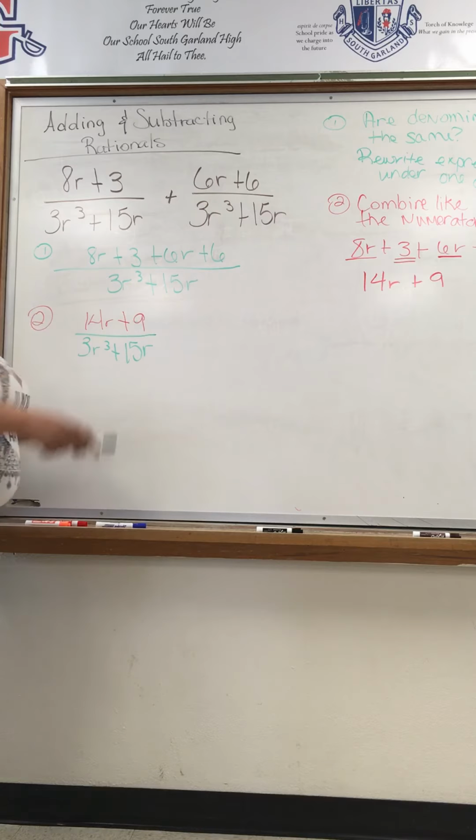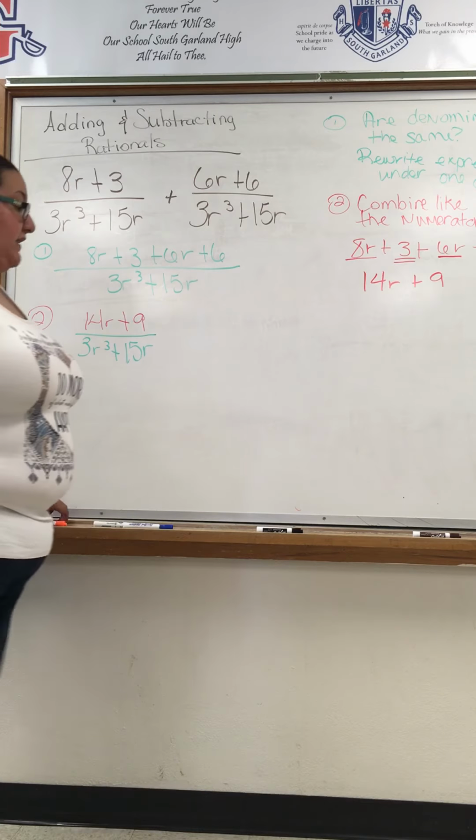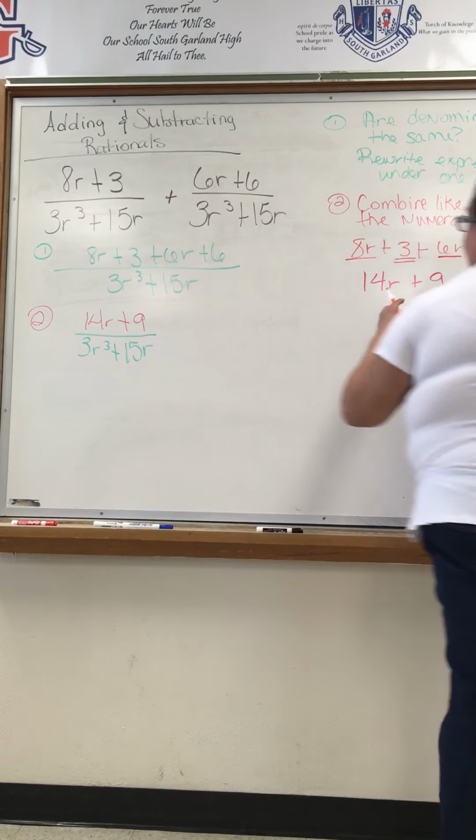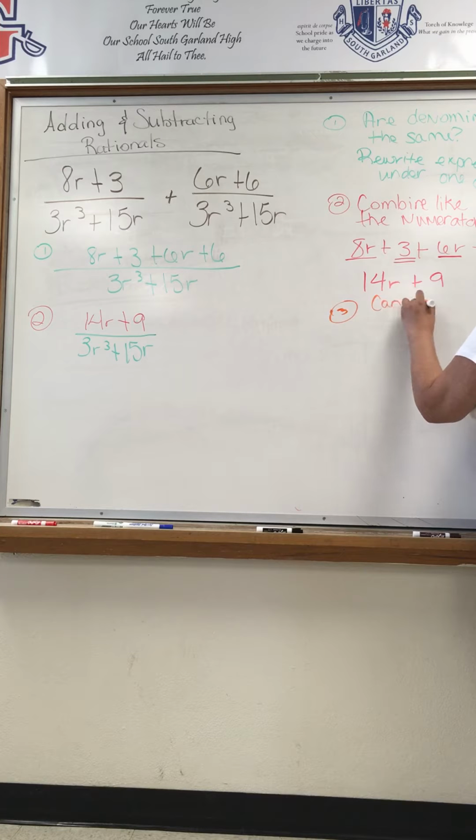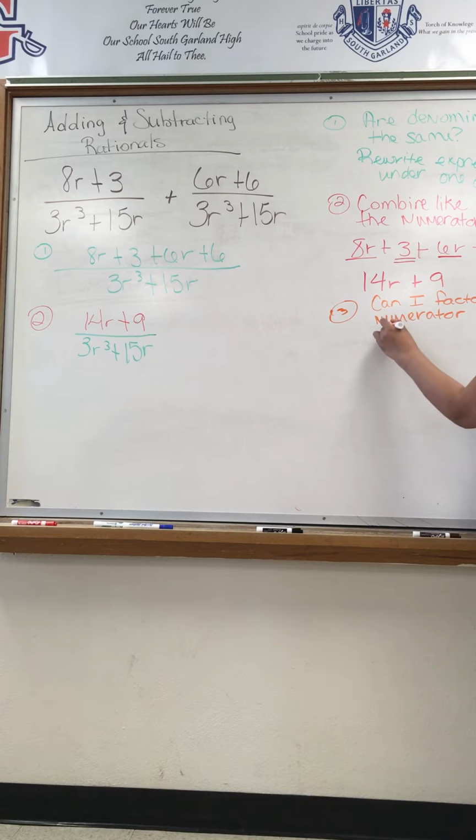All right. The next step you're going to ask yourself is, can I factor out the numerator or denominator? So, step 3: can I factor the numerator and or denominator?